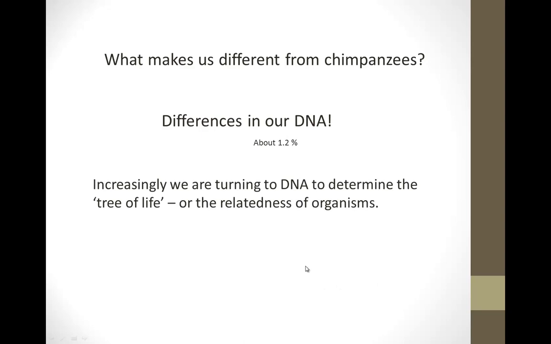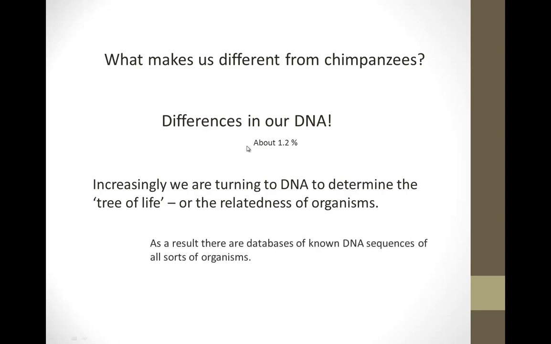So increasingly, labs around the country are turning to DNA to determine the tree of life or the relatedness of organisms. The techniques that we're going to employ are common in molecular biology for doing all sorts of different things, but they're also being used in ecology laboratories and evolution laboratories for studying how organisms are related. So these techniques are in broad usage and are very, very powerful techniques.